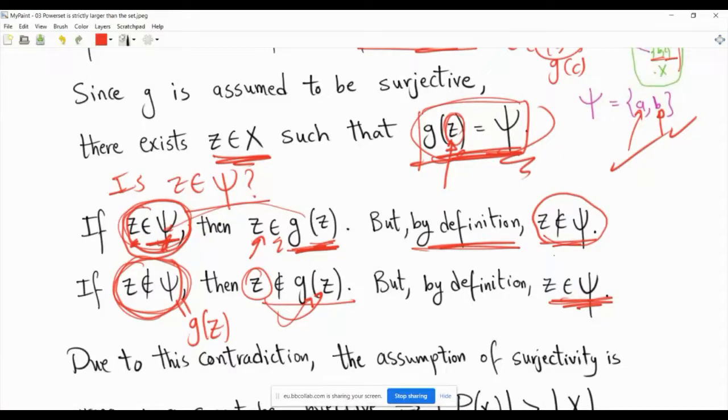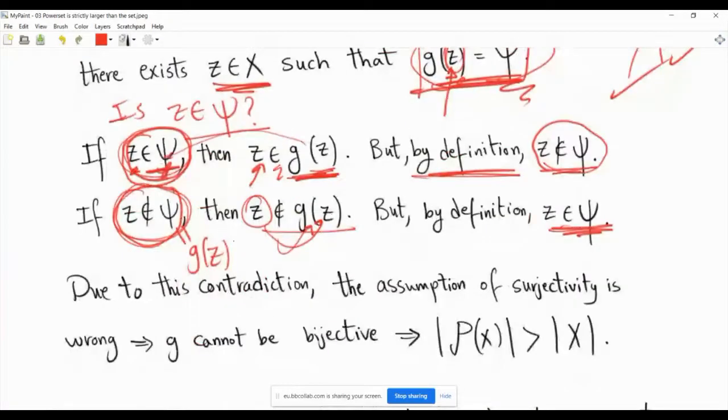And the nonsense means that we did something that is wrong. The wrong thing is the assumption that G is surjective. We can have an injection between X and the power set of X, but to take it further and say that this injection can be a surjection, so that the overall function is bijective, this is nonsense. It will lead to a contradiction, and so we should reject this assumption.